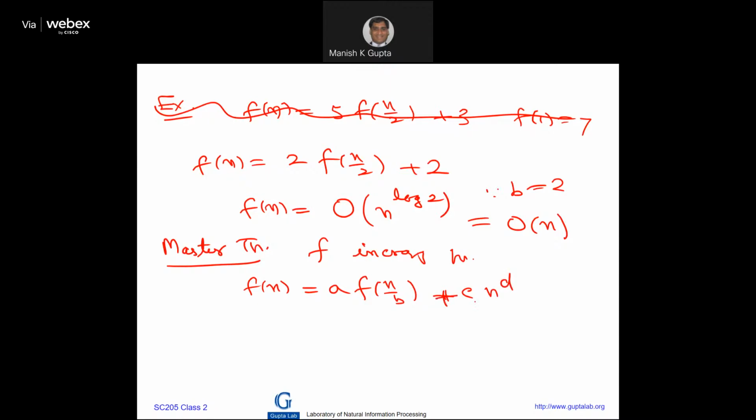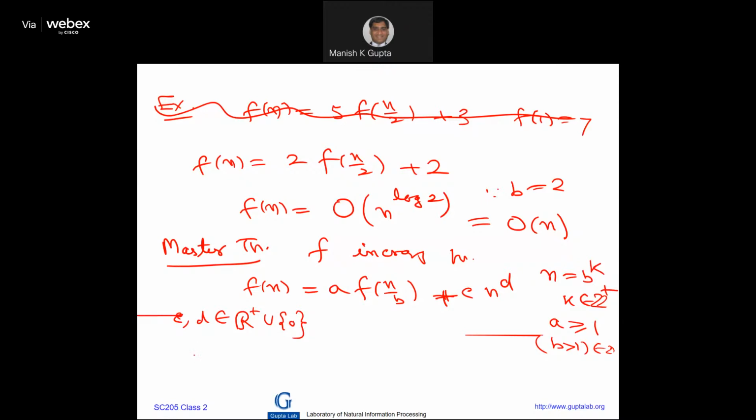So in the previous theorem we had only c, now we have this multiplied by n raised to power d. And of course n is equal to b raised to power k, k is a positive integer, all these conditions are given, a is greater than or equal to 1, and b is greater than 1. And of course c and d are positive real numbers including 0.